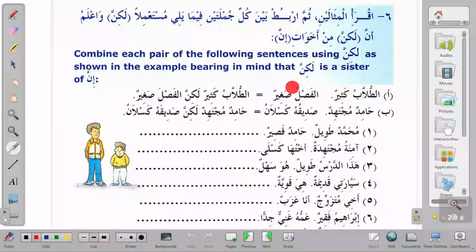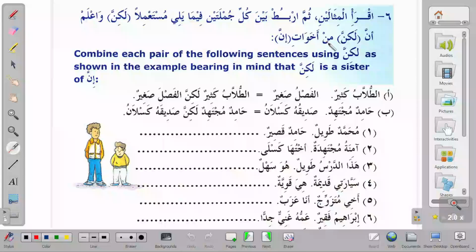And the most important part, they are not just interested in joining them. The most important part is wa'alam anna lakinna min akhawati inna. Knowing that, or be aware that lakinna is from the sisters of inna. What do you mean by that statement?